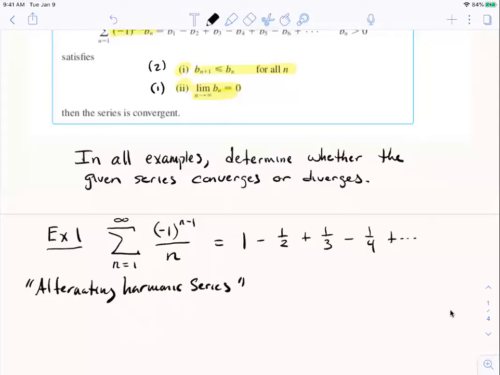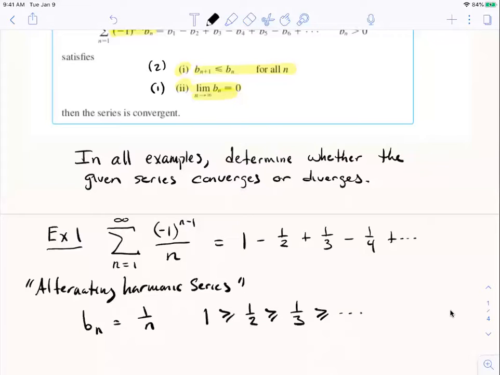Just to match the notation, I'm not saying you have to do this, but you can still see that theorem up there. Here our b sub n is just 1 over n. And it's clear that those terms are decreasing, right? 1 is bigger than or equal to 1/2, which is bigger than or equal to 1/3, and so on.